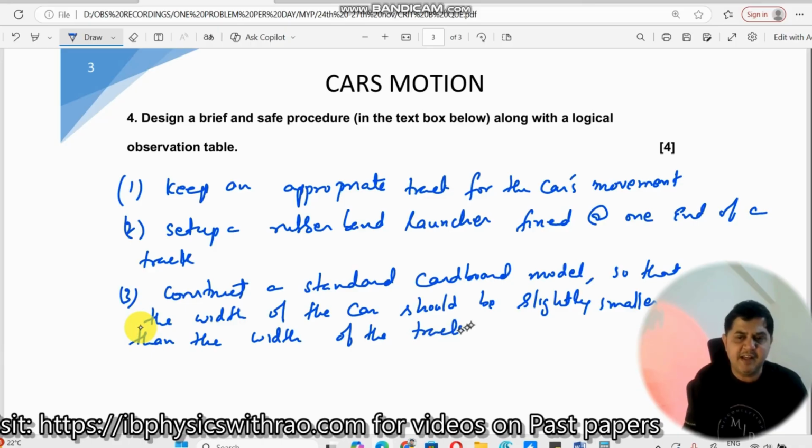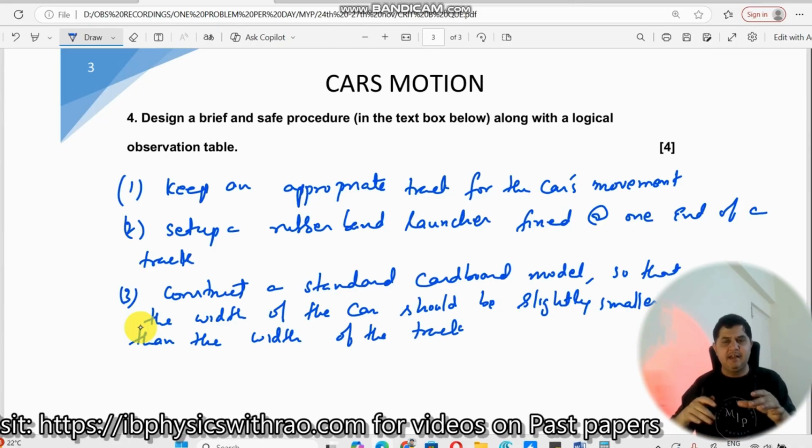So this you can decide. Usually if I am doing this, I will always see to it that if the width of the car is 5 centimeter, I'll keep the track to be 10. I can have friction, but it should not be so tight that the car collides and is unable to move on.